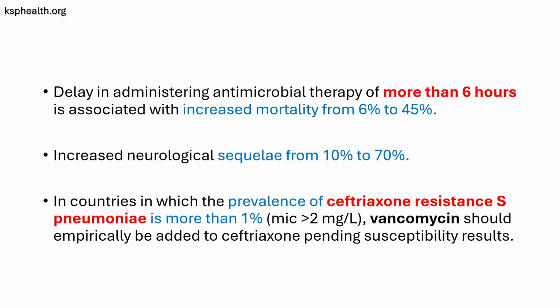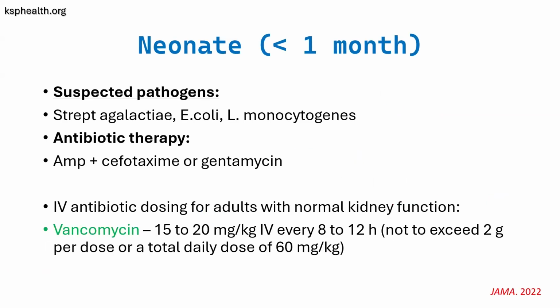In countries with prevalence of ceftriaxone resistance more than 1%, that is almost all of the globe, vancomycin should be empirically added along with ceftriaxone. Okay, we'll go age specific.